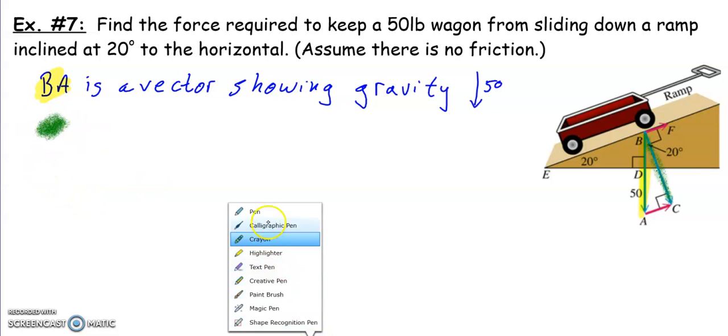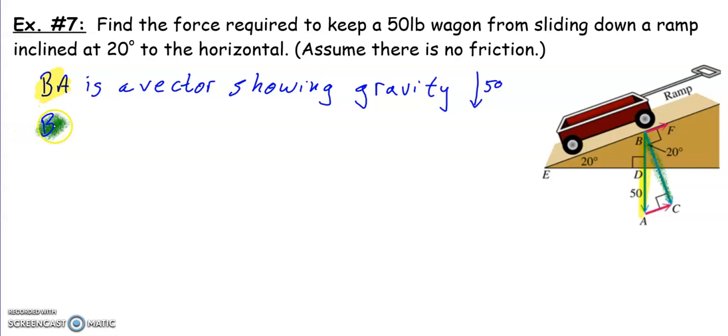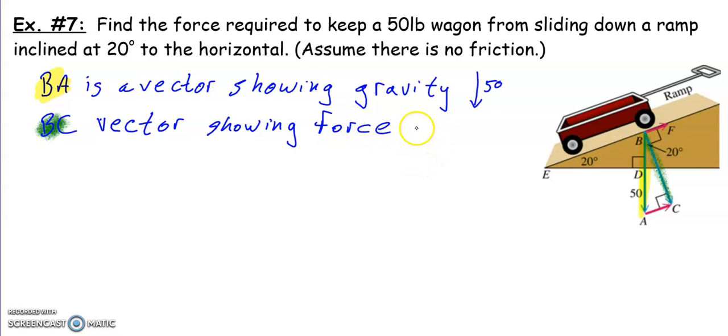Here in green, we're going to have vector BC. This is the force. This is the vector showing my force on the ramp. This is my force pressing on the ramp.